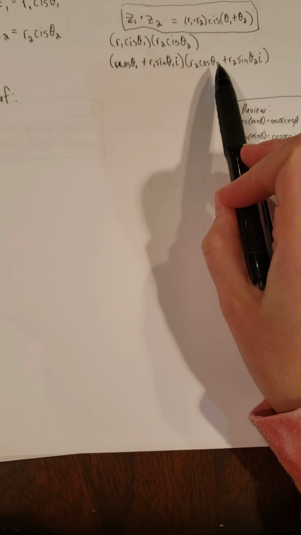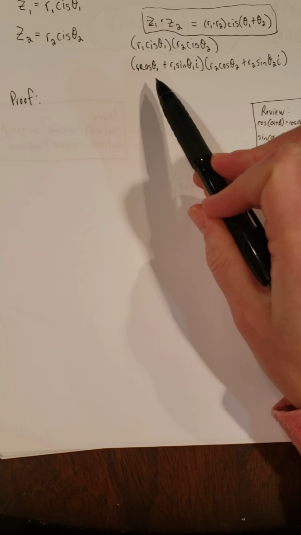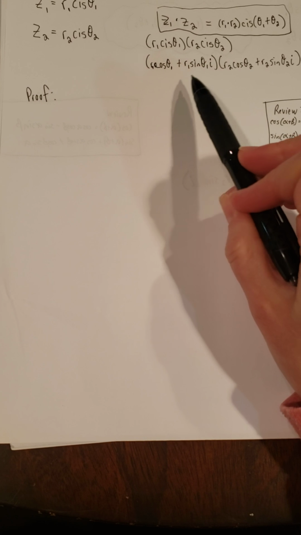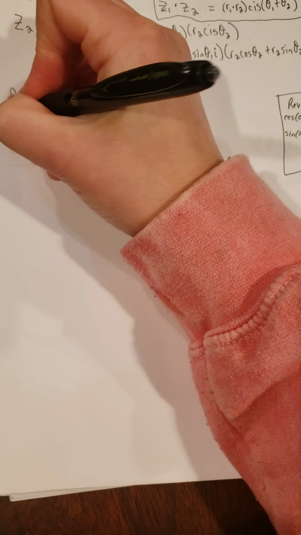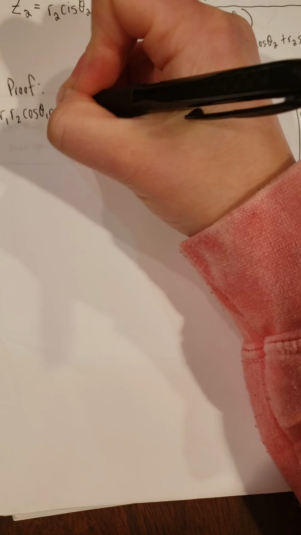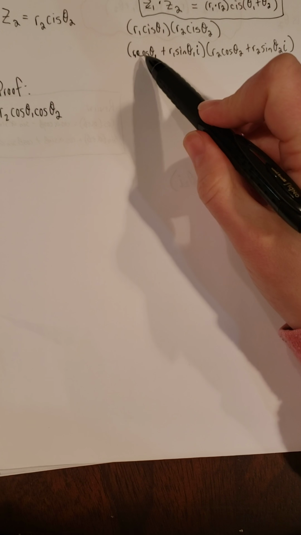So the proof: we take this line right here, which is multiplying two complex numbers together. And what we're going to do is expand this. If we FOIL this statement right here, that's going to be r1 r2 cosine theta 1 cosine theta 2. Now the outers, if we multiply this together, that's going to be plus r1 r2 cosine theta 1 sine theta 2 i.